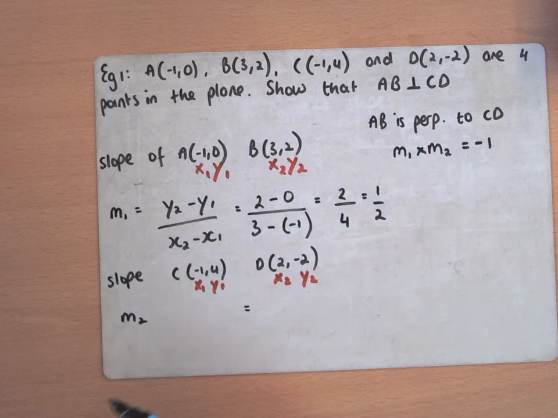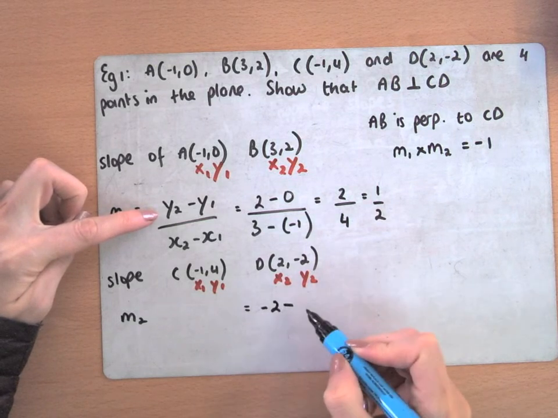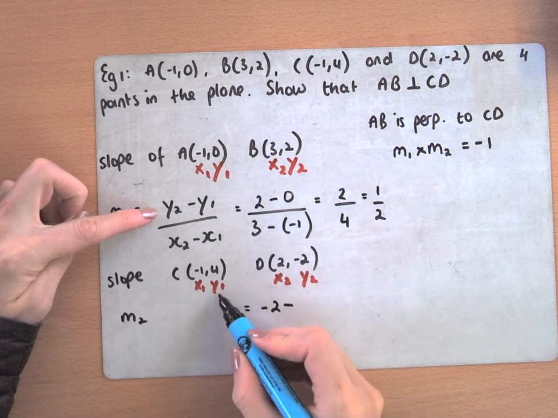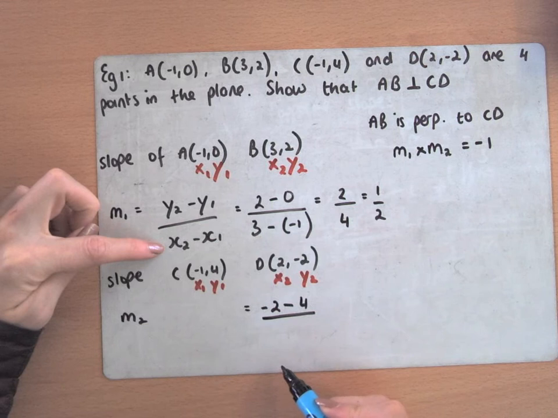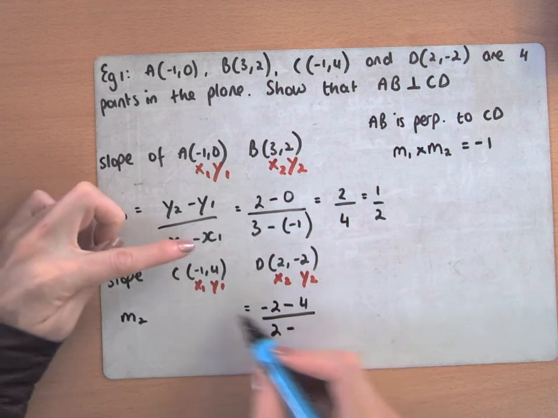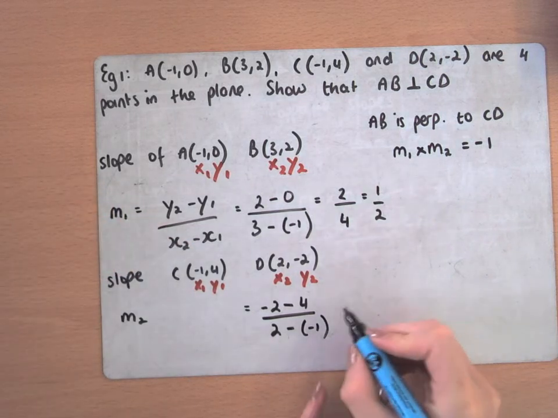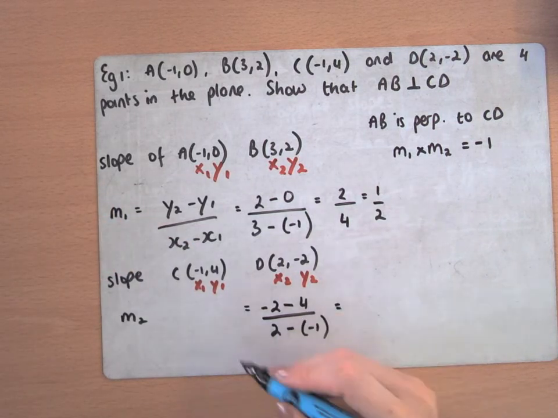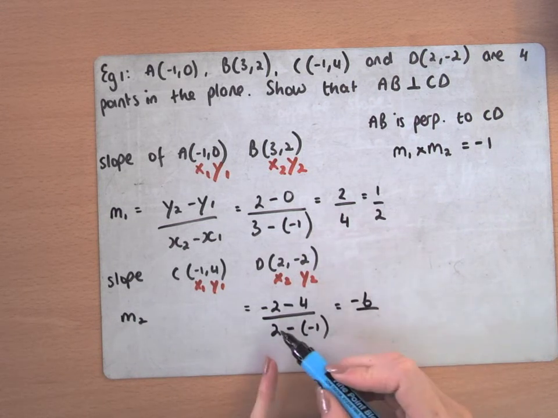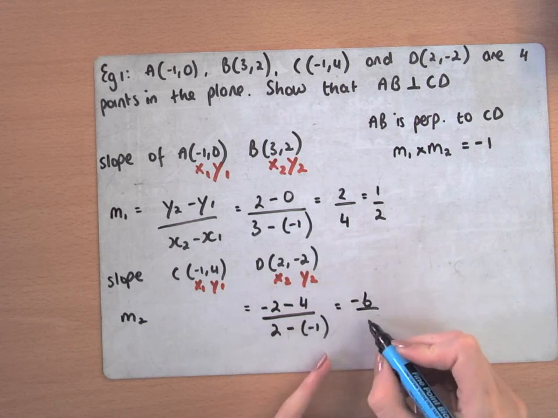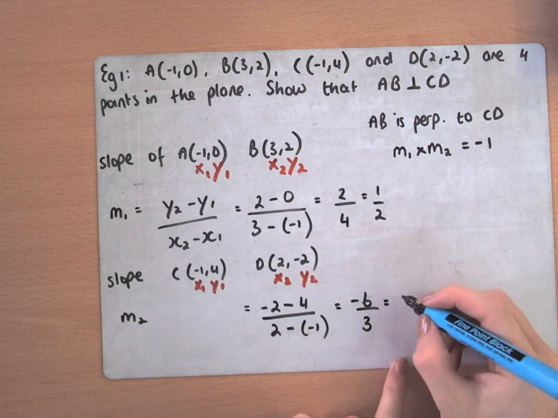But we will fill in. So y2, minus 2, minus, in the formula, y1, 4, over x2, 2, minus, from the formula, x1, minus 1. Okay, minus 2 minus 4 is minus 6, minus by minus is a plus, 2 plus 1 is 3. What's minus 6 divided by 3? Minus 2.